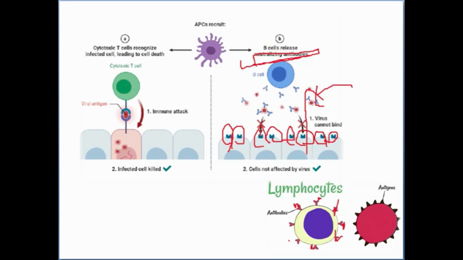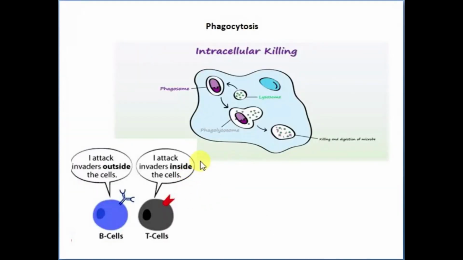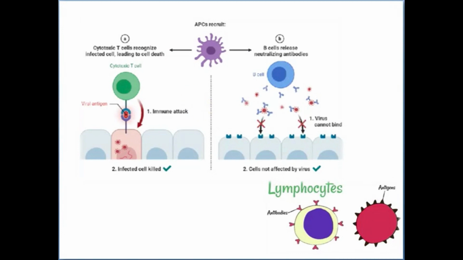Then if we talk about T lymphocytes, it was written that they attack inside the cell. So how do they attack inside the cell? Suppose by chance a virus or a bacteria has entered the cell. Now this cell got infected, and it can spread the infection to other cells also.